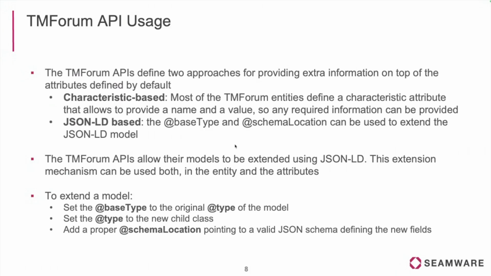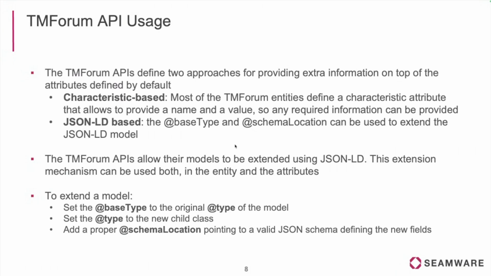And then we have another way of extending this, which is the one that I have already introduced, the one based on JSON-LD. Basically, you are able to extend a model by creating a child class of the model using the type, the base type, and the schema location. So you set the type of the model to whatever you have defined.